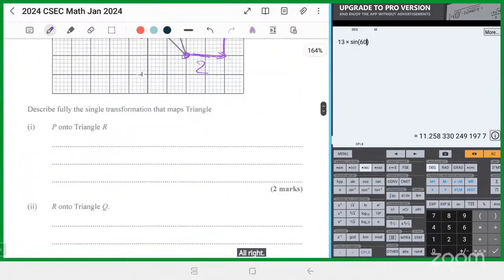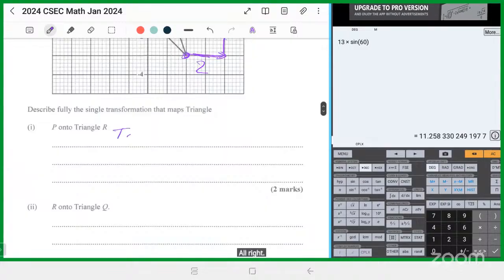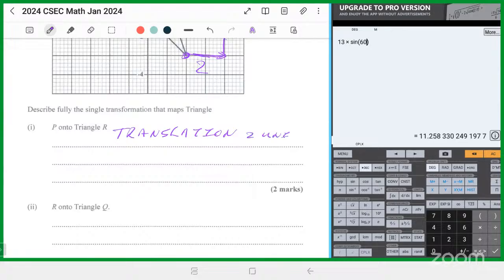Let's describe. Translation. Two units to the right.